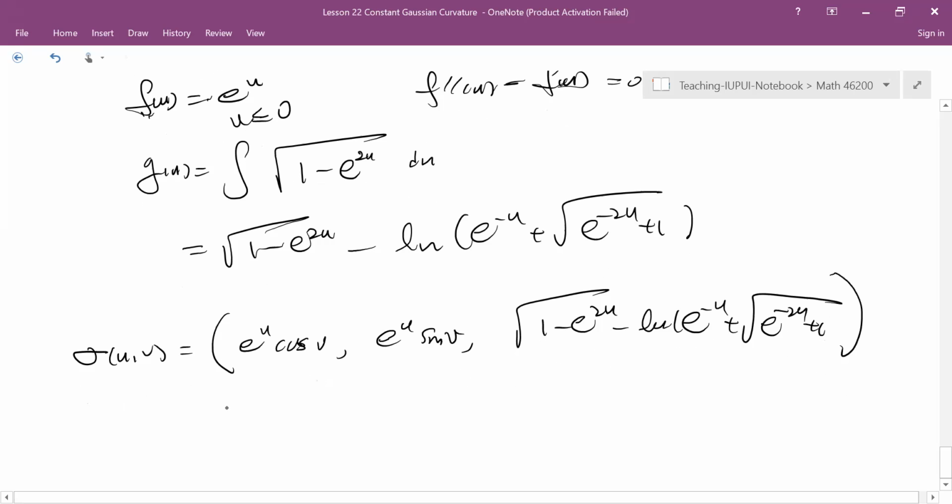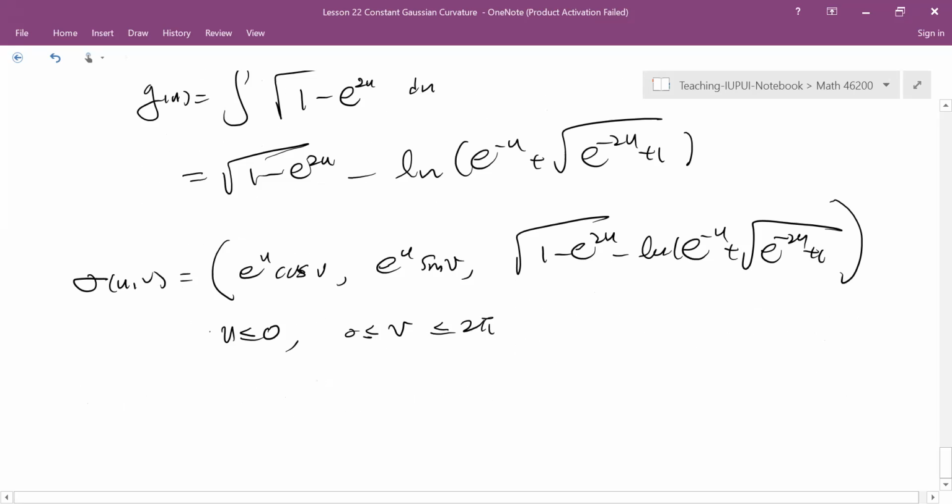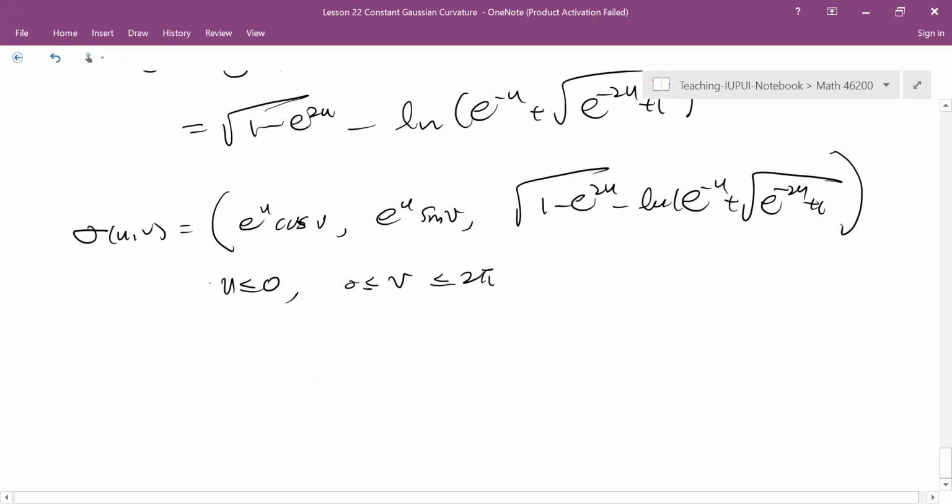Okay, this one, u is less than or equal to 0, and the v can be any. Yeah, so you get a complete circle. Okay, this surface, it's harder to draw it.